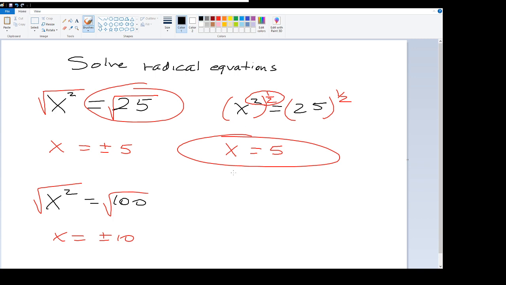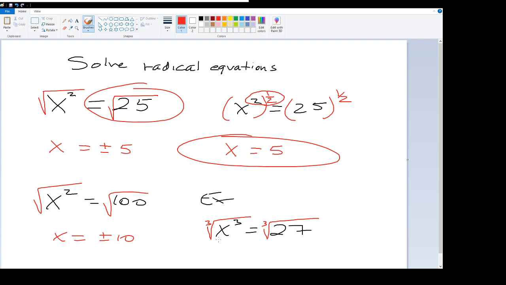Well, what if we have an exponent that is not a 2, such as, let's say, x to the third is equal to, let's say, 27? Just like before, I can take, not the square root this time, but the cube root of both sides.